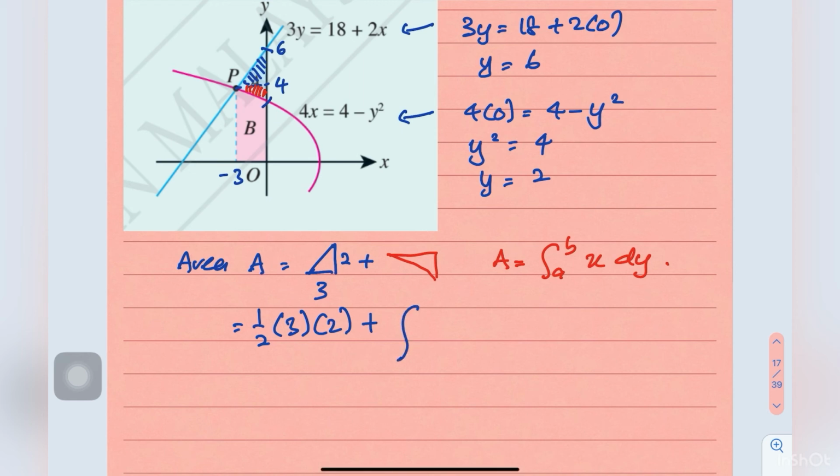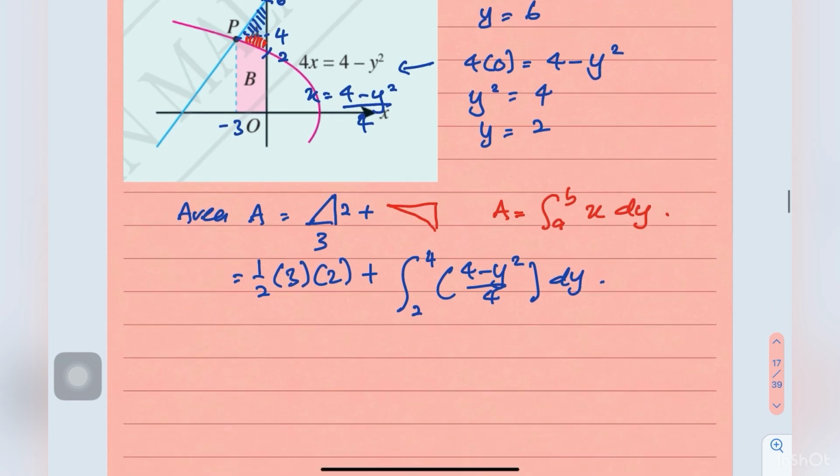The lower limit is 2 and the upper limit is 4, x dy. We need to make x the subject, so x equals (4 minus y squared) over 4. So the integral of (4 minus y squared) over 4 dy.